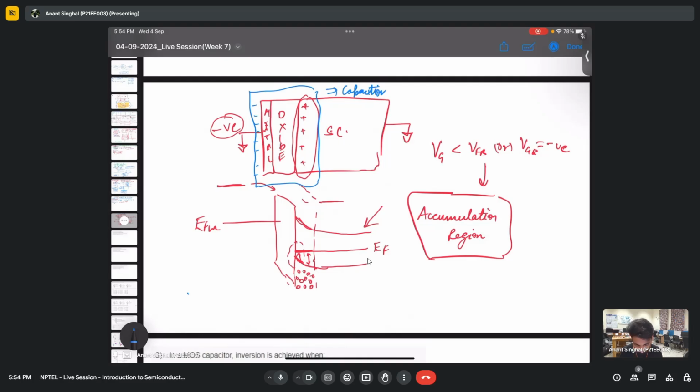Yes, sir. So if it makes sense, then if I again try to plot the CV plot, which is negative, till some point it will always be constant, which is the Cox, the oxide capacitance. So what I have tried to explain here is up to now. Now we'll be applying more positive voltage, greater than the flat band, so that you will see what will happen.